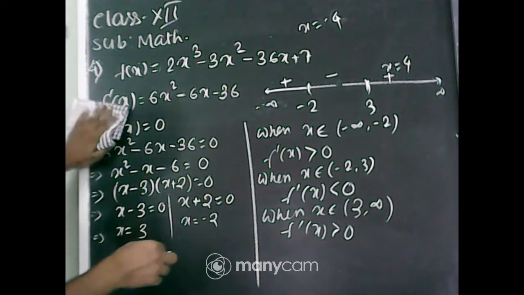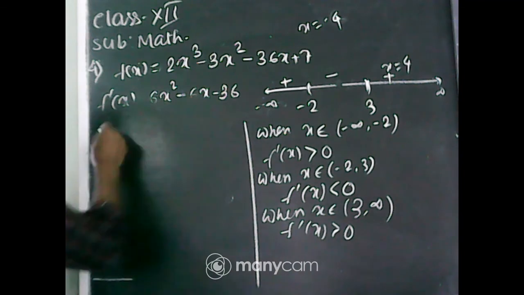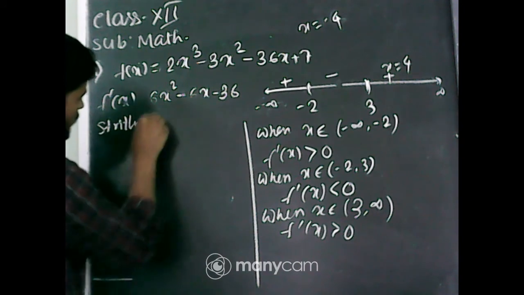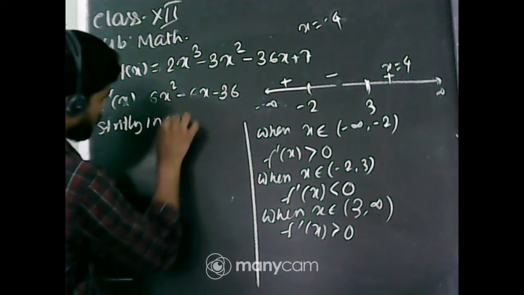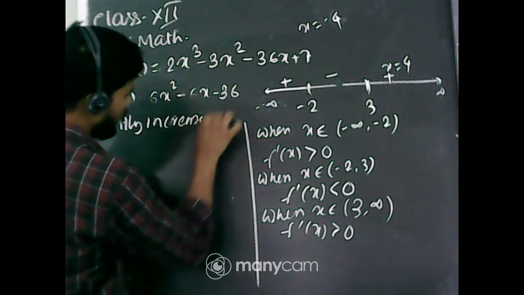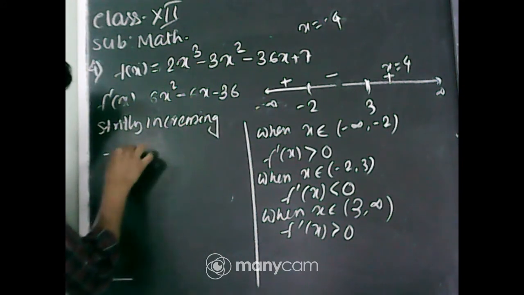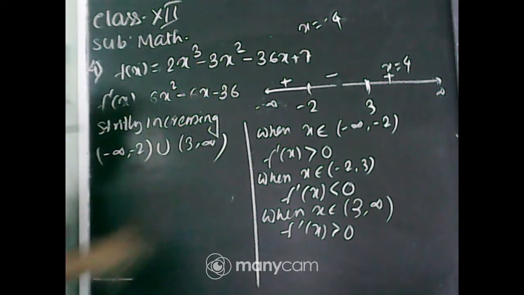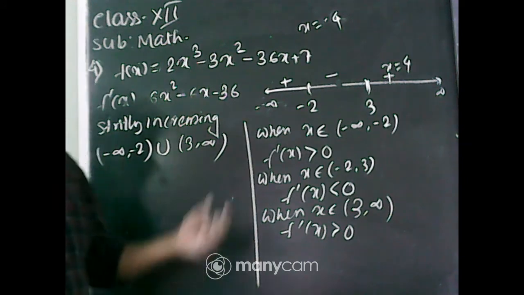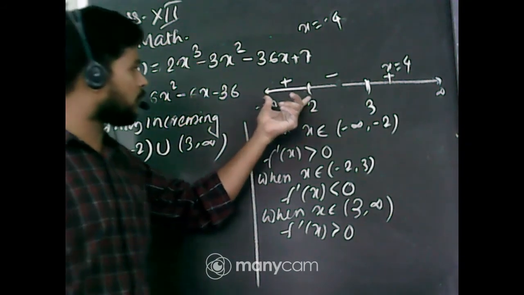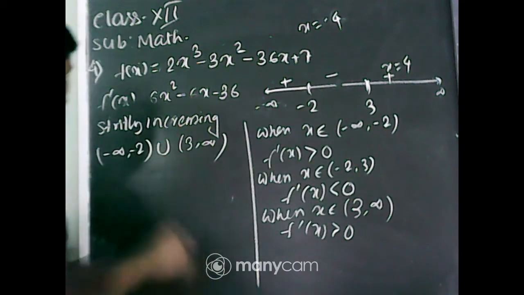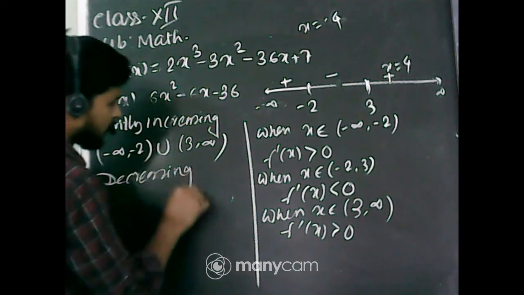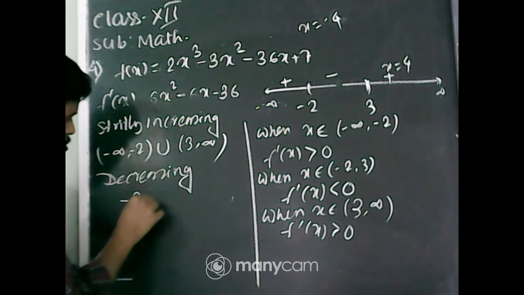So here the function is strictly increasing in the interval minus infinity to minus 2 union plus 3 to infinity, and it is strictly decreasing in the interval minus 2 to 3.